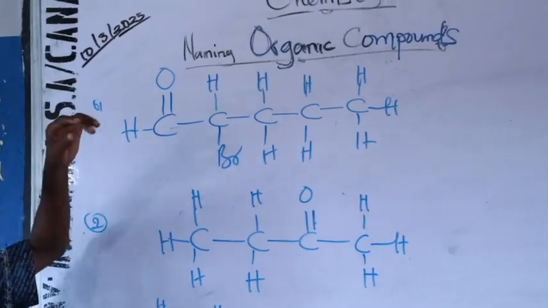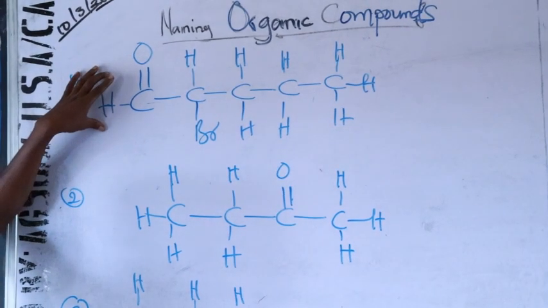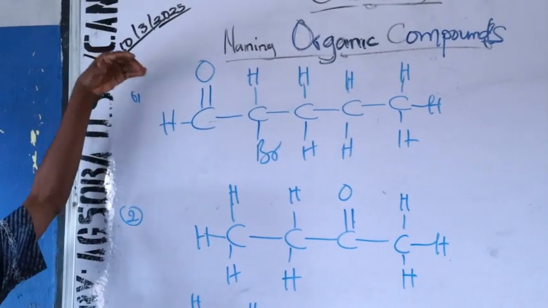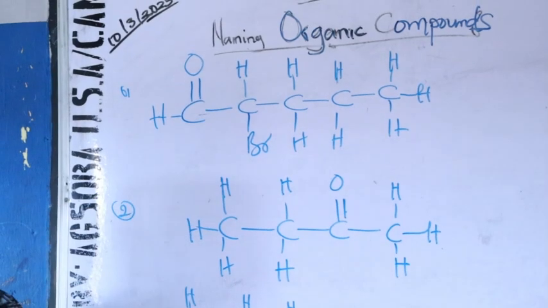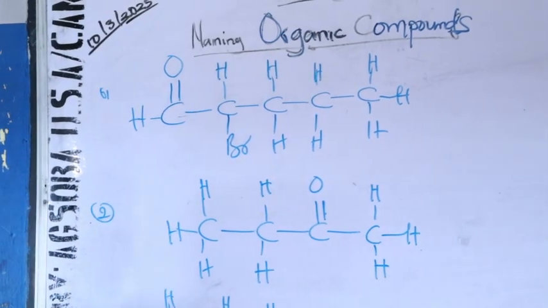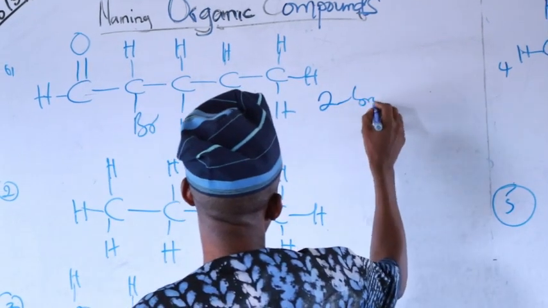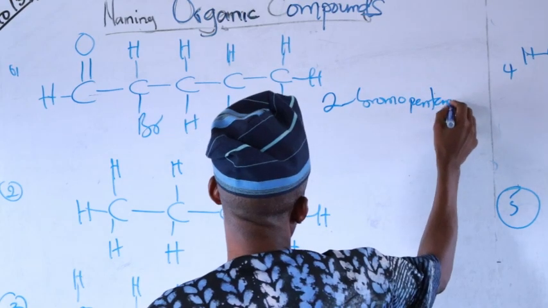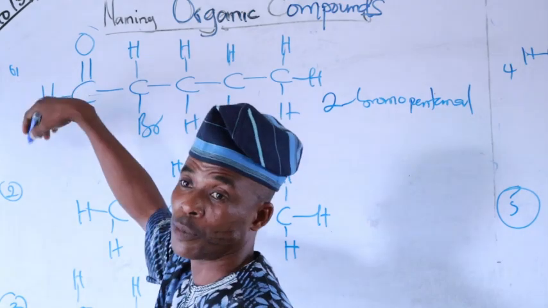You can say the alkanal functional group is at the first carbon atom. So an alkanal functional group is always at the terminal carbon, just like alkanoic acid. So the position of the functional group here does not need to be mentioned.